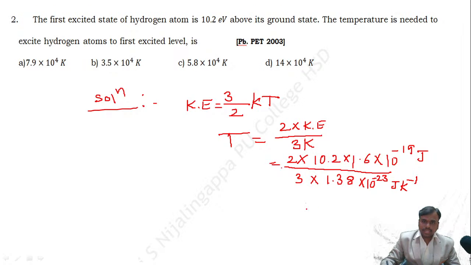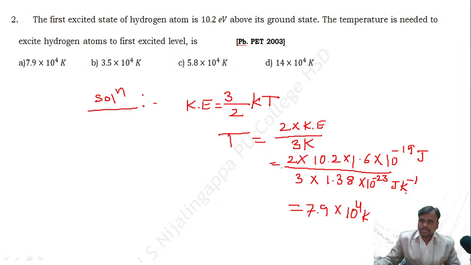The final answer, by simplifying the above numericals, we get the temperature value that is 7.9 into 10 to the power of plus 4 Kelvin.